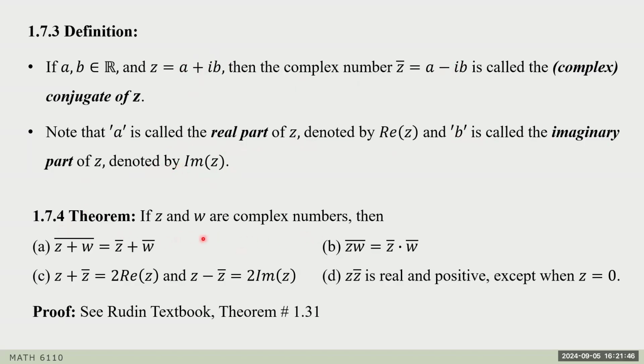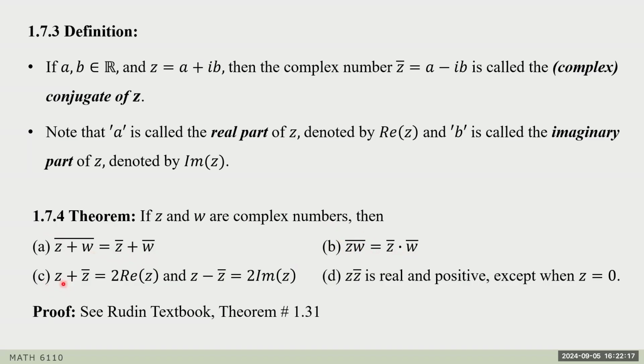You have all seen these rules at some point, I'm sure, and we're going to use them later on. If you take the conjugate of the sum, that's the same as the sum of the conjugates. If you take the conjugate of the product, that's the same as the product of the conjugates. So when you're doing addition or multiplication, you can pull apart the conjugate.